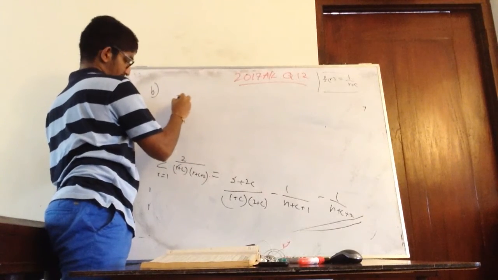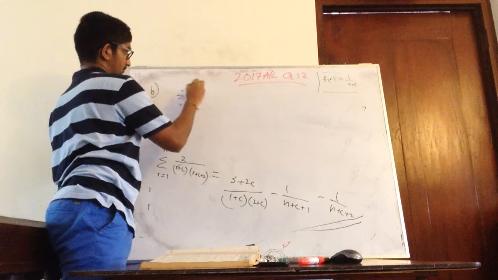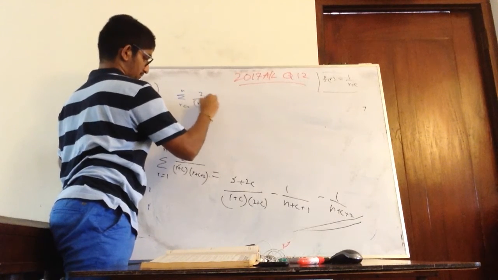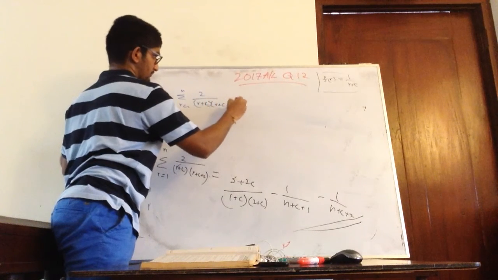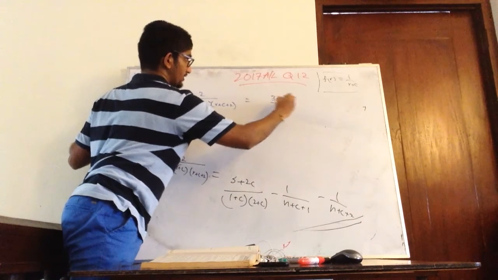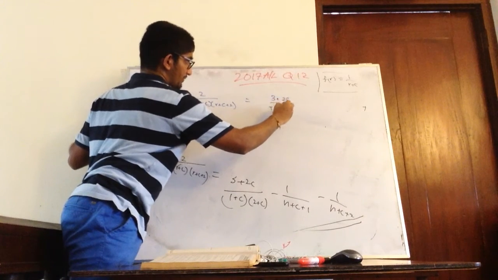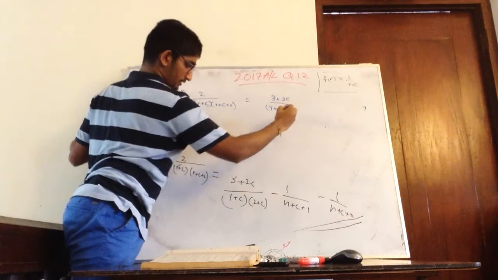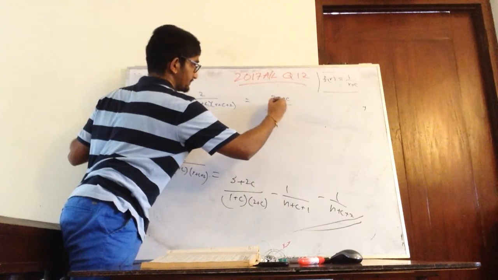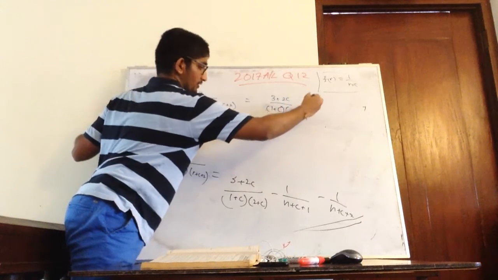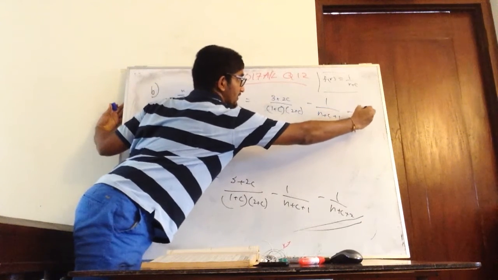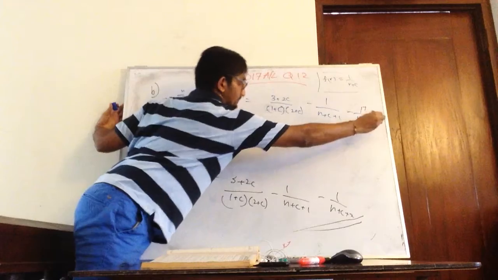So I get is equal to 3 plus 2c, 1 plus c, 2 plus c, minus n plus c plus 1, n plus c plus 2.